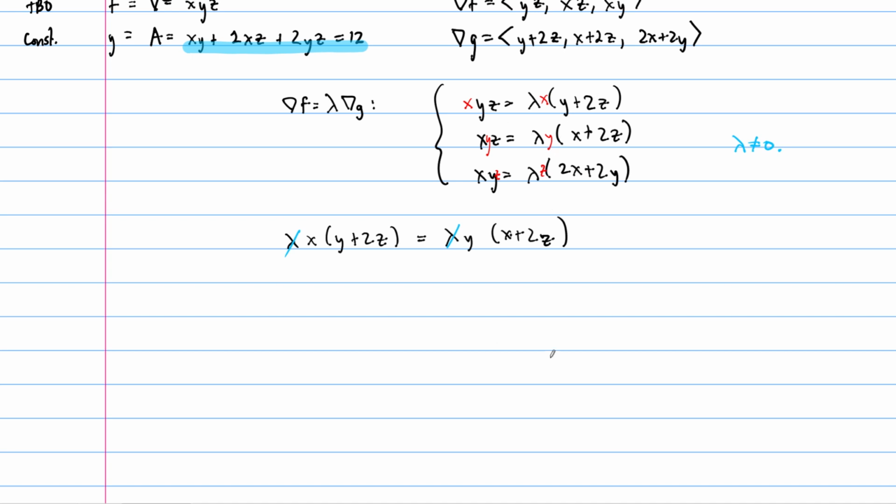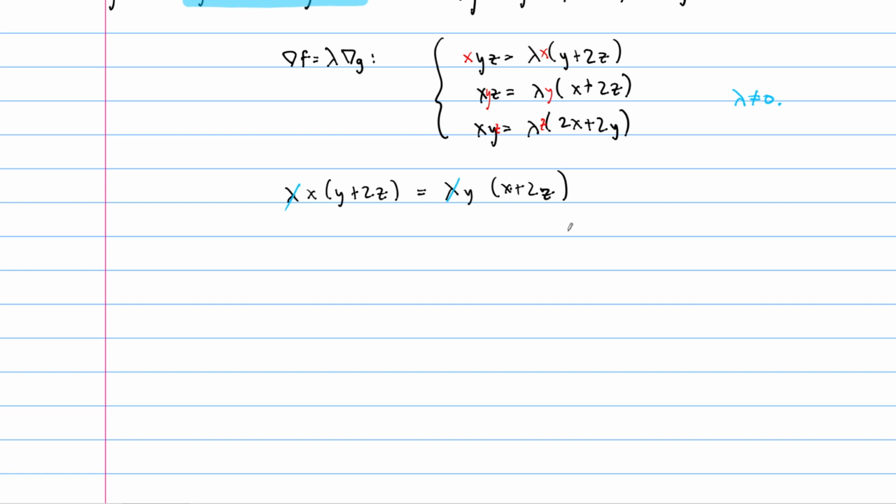So lambda cancels. Now this equation says x times y plus 2xz equals x times y plus 2yz. The x times y terms cancel, just subtract out. Then we have 2z, and again, z is not 0. Those divide through, and we get x equals y.